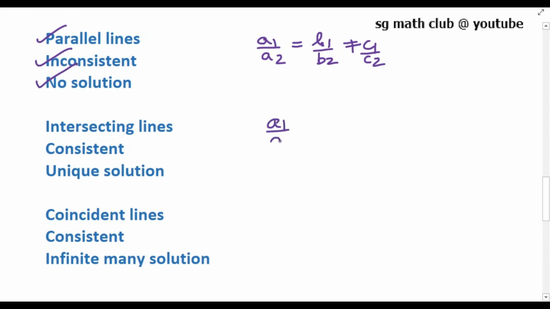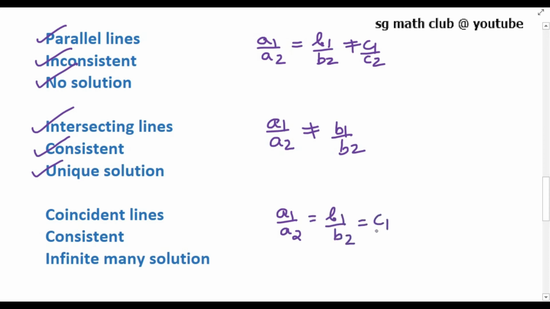Now if A1 by A2 is not equal to B1 by B2, then the graph of such a pair of linear equations will be intersecting lines, the equations will be consistent, and it will have a unique solution. In the same way, if we have A1 by A2 equal to B1 by B2 equal to C1 by C2, such equations will always be consistent, the graph will be coincident lines, and it will have infinitely many solutions.